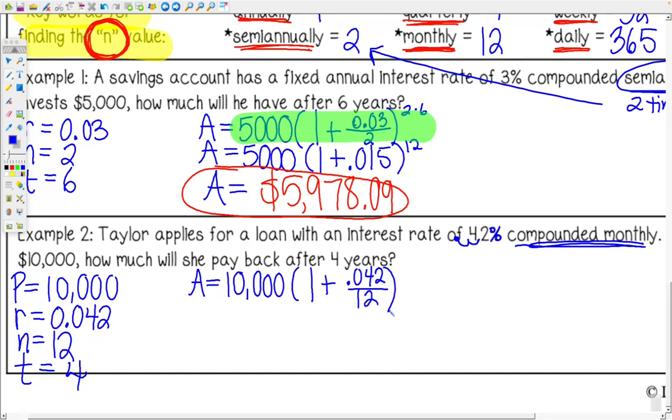But then you're going to raise it to the compounded times the years. So that means N times T is 12 times 4. You put the whole thing in the calculator from here over. Take your time, because the most difficult part, getting the answer, is typing it in right. The calculator does all the rest for you.